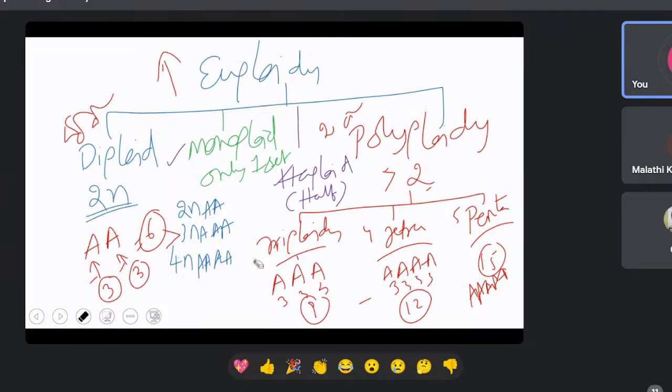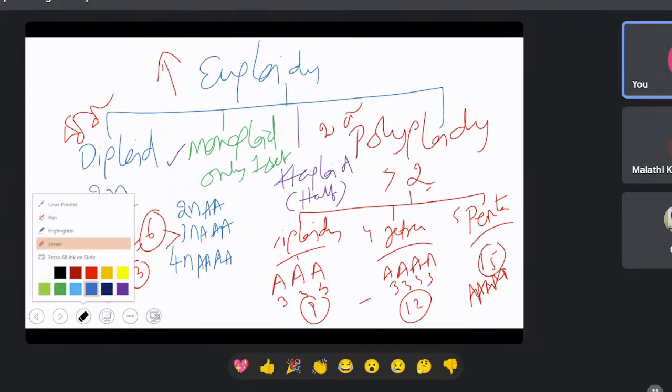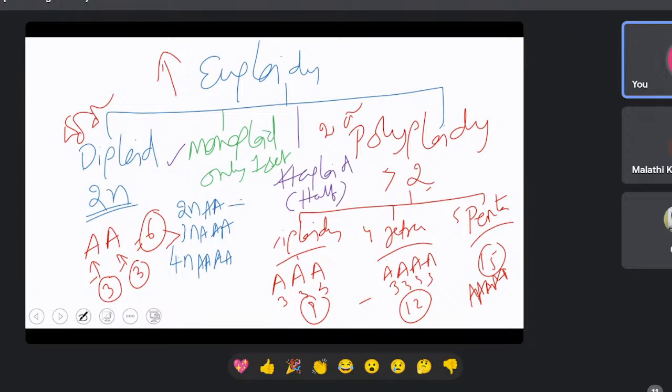Okay, now what happens here? In a monoploid, whether it is diploid, whether it is triploid, whether it is tetraploid, what happens? Only one set remains.